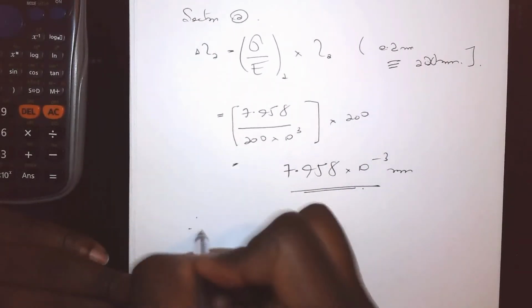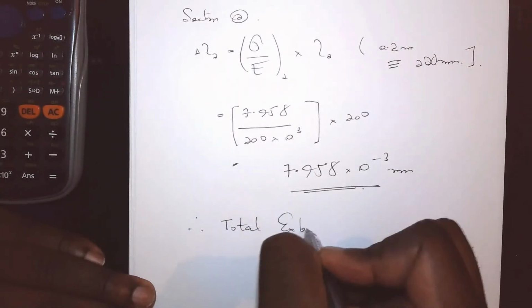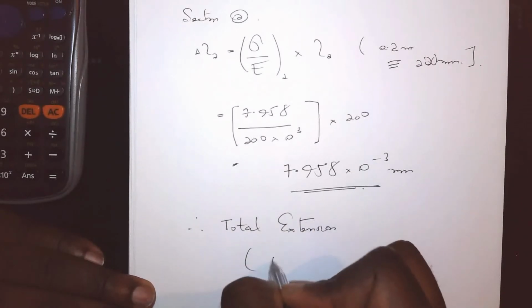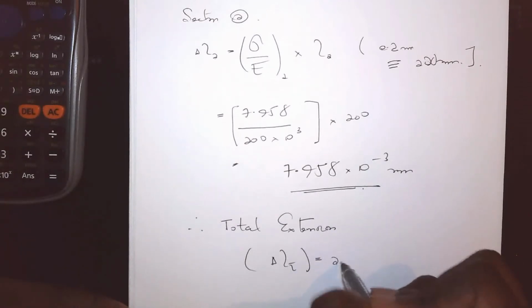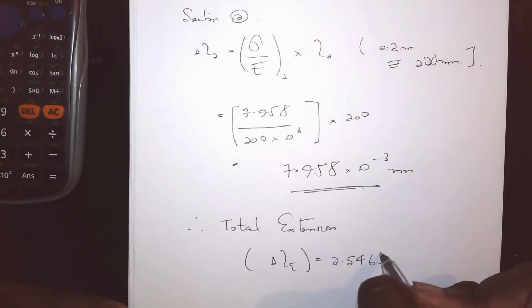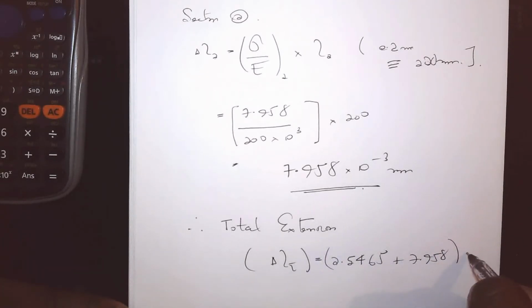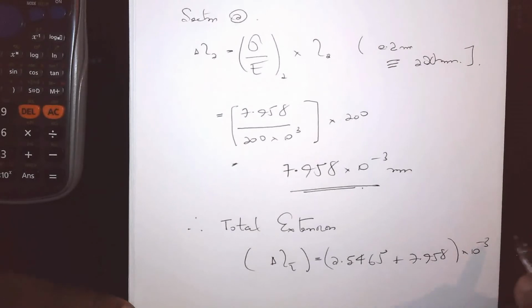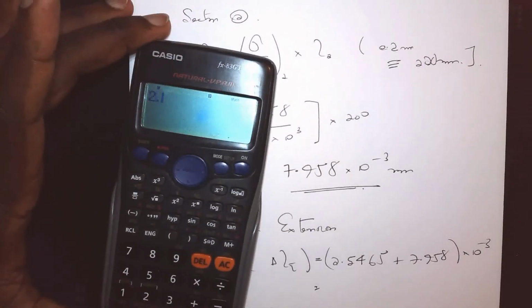So therefore, the total extension experienced by the widget, delta LT, is equal to 2.5465 plus 7.958, in brackets. I've intentionally factored out the 10 to the power minus 3, just to make life a bit simpler.